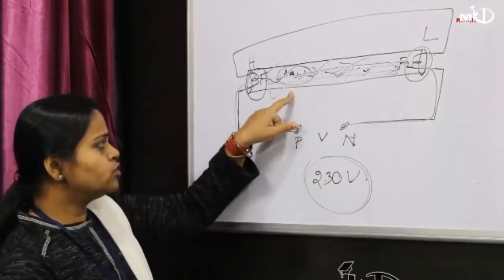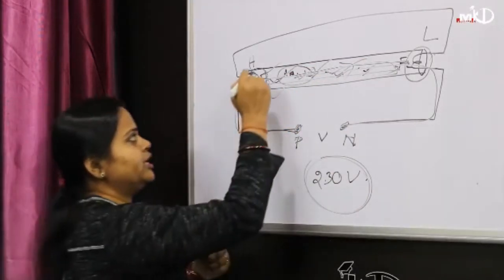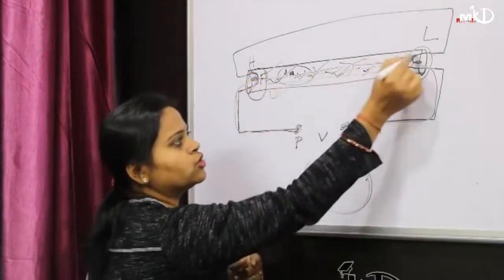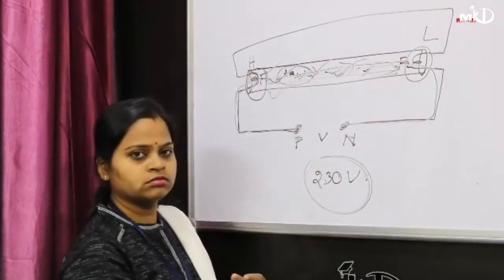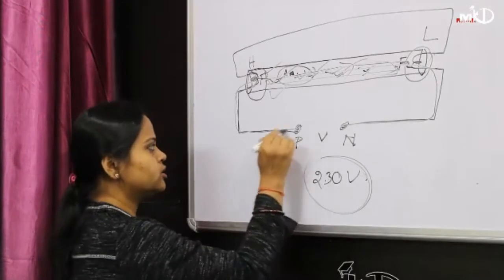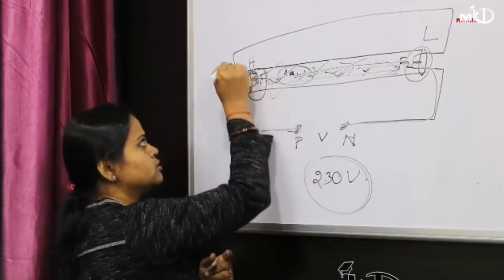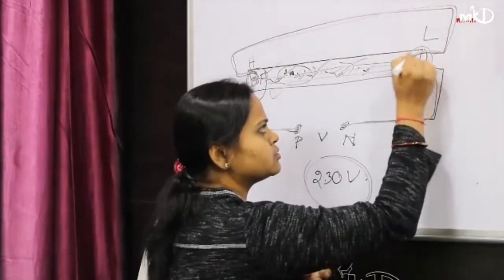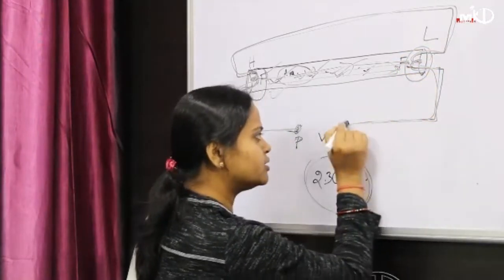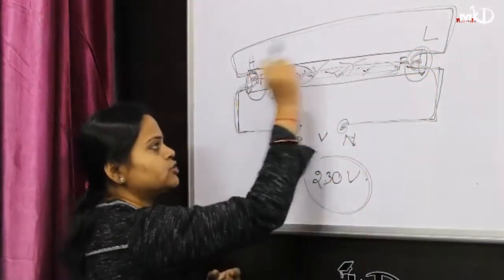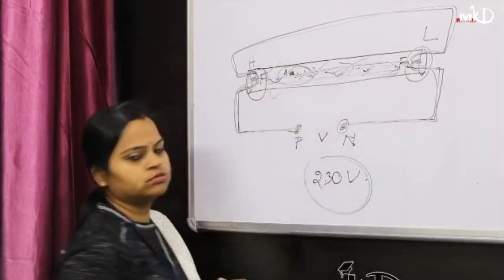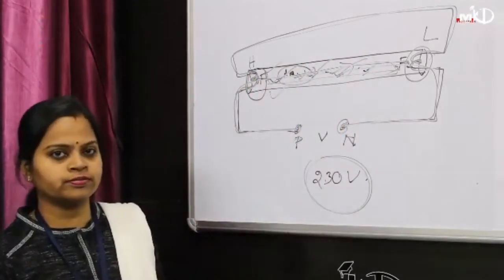Now there is no electrical connection between F1 and F2, so current will not flow. Current will flow like this, in this electrical circuit. It will not affect the tube, so the tube will not glow.